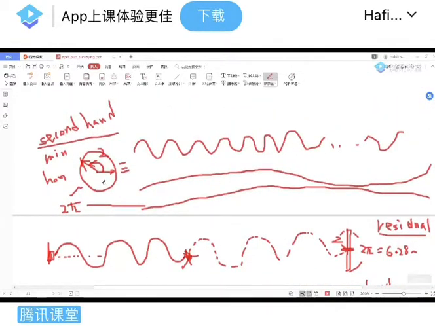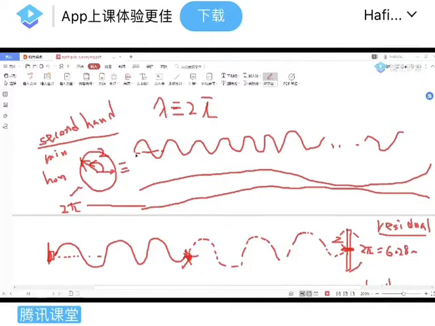Because if we finish the whole one, that will be one wavelength. That will be lambda. So lambda is equivalent to 2 pi. If you finish one cycle, that means you finish one wavelength.